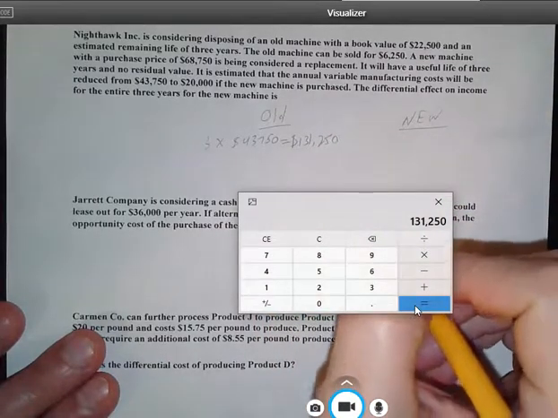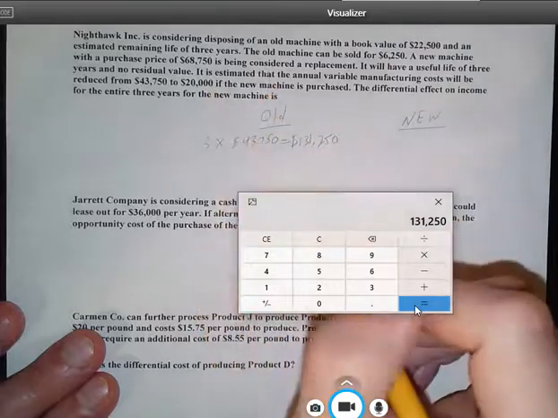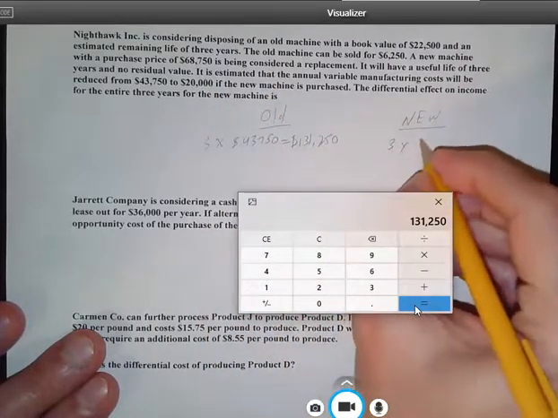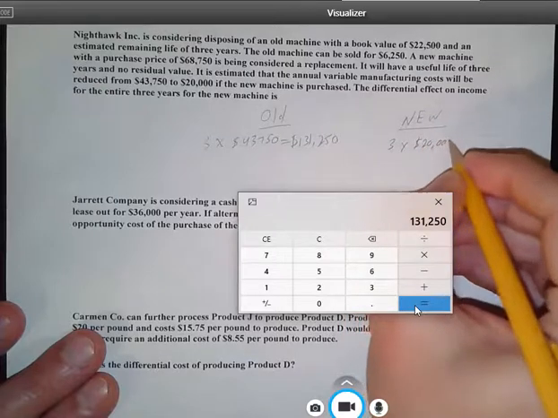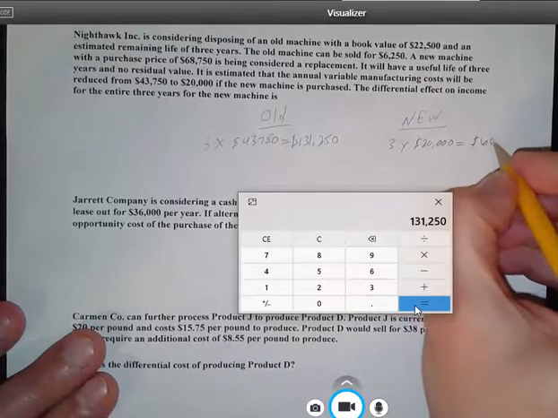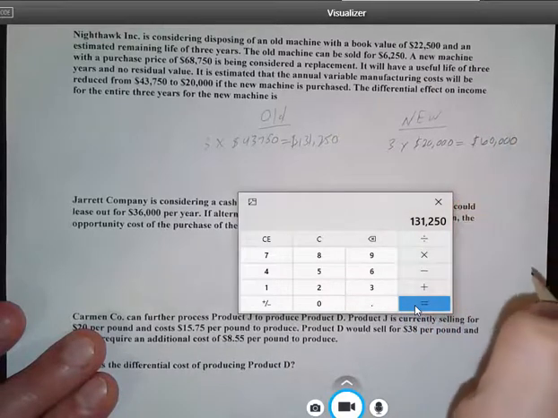Okay. Now the new machine has $20,000 in annual expense as well, so we might as well go ahead and account for that. And that comes to $60,000.